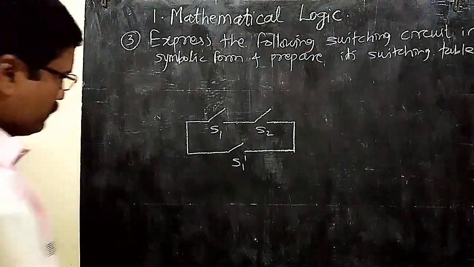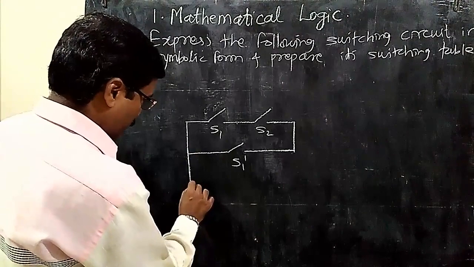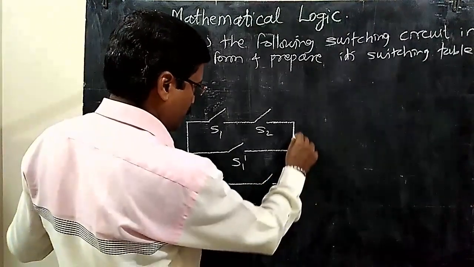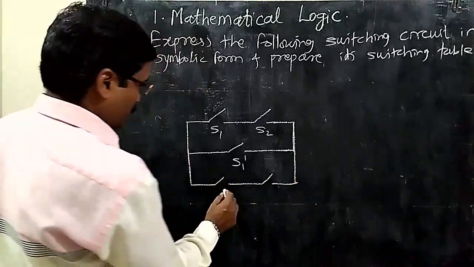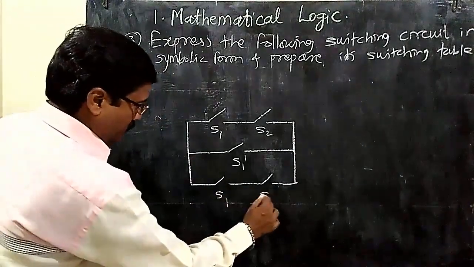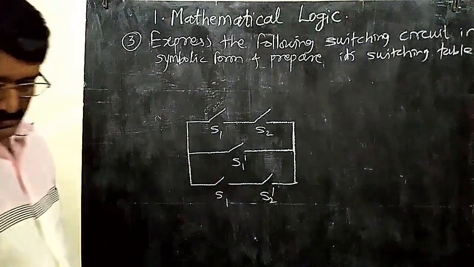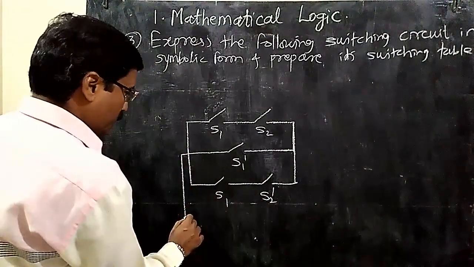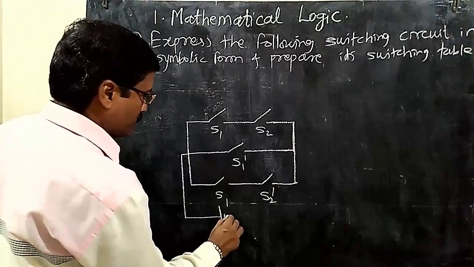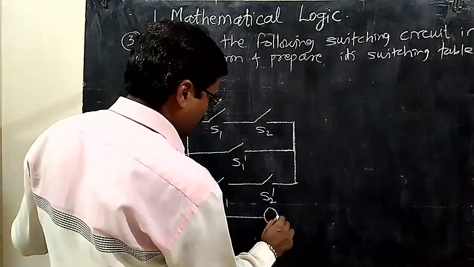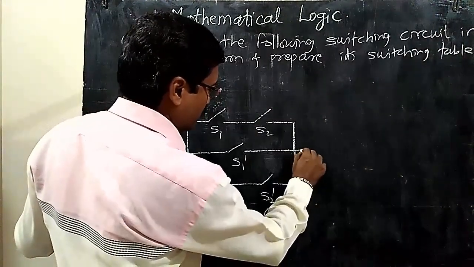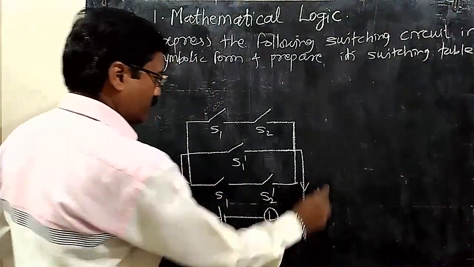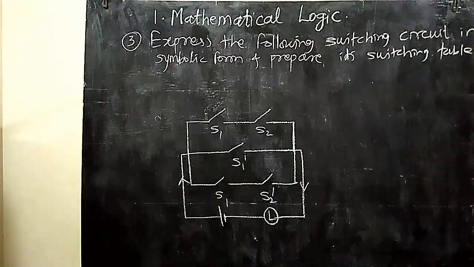In the third branch again we have 2 switches, which are S1 and S2 dash. These 3 branches are connected to a battery, and obviously one lamp is there. This switching circuit is given.